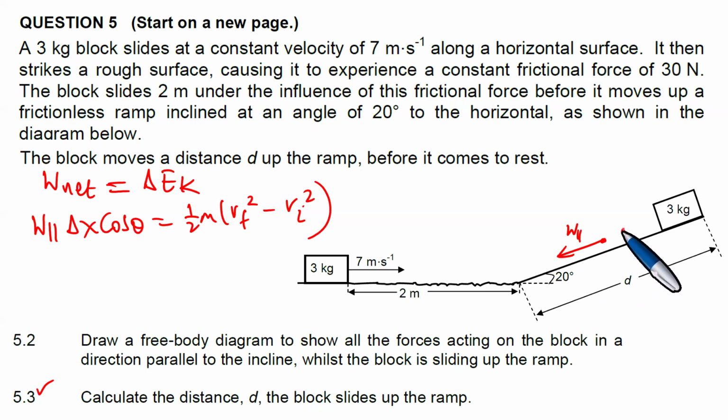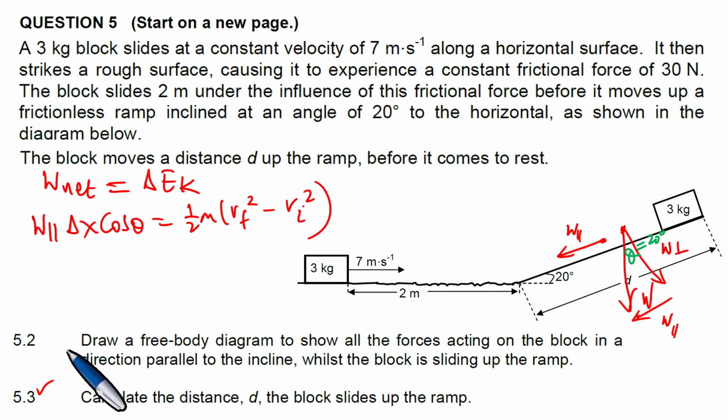Because we know very well that this is going to experience a weight, and therefore this weight is going to have its components like this: W perpendicular and W parallel. And you have therefore that this angle here is the angle theta. So that in the end, this angle of 20 degrees is going to be sitting there.